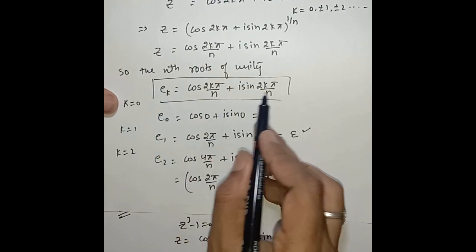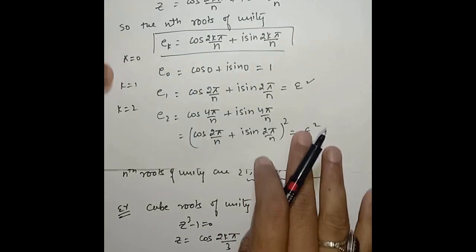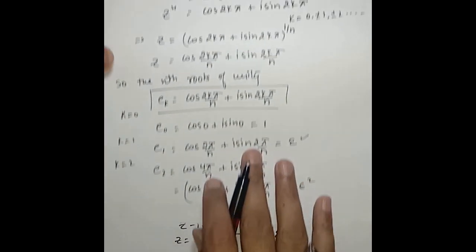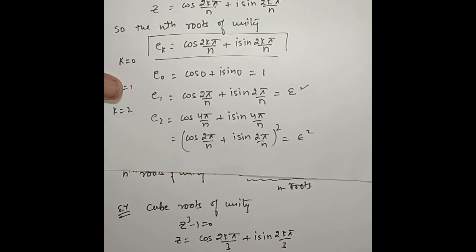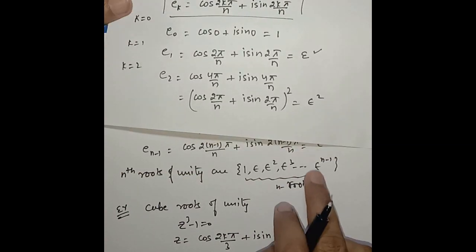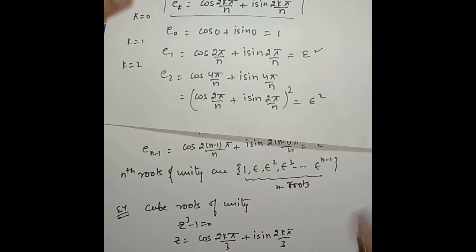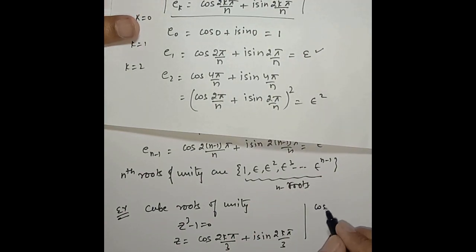We can put n is equal to 3 in this formula, and we have the value of k may be 0, 1, 2, because for cos theta plus i sin theta to the power p by q, there are q roots.